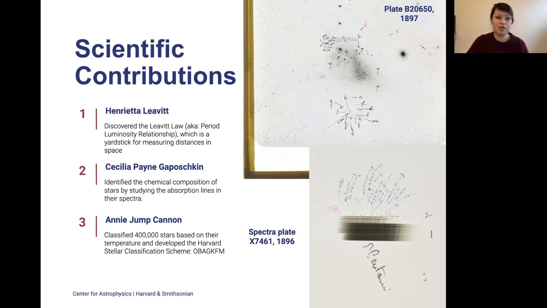She discovered the Leavitt law, which was a yardstick for measuring distances in space. That top plate on this slide has the Small Magellanic Cloud on it with a bunch of notes. Those little letters down at the bottom are most likely her handwriting from when she was looking for Cepheid variables in this region back in the early 1900s.